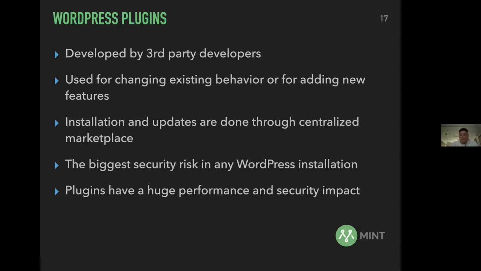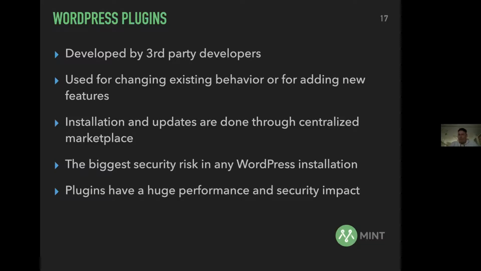And WordPress plugins are actually the biggest security risk in any WordPress installation, because they are bringing new pieces of code that are not a part of WordPress core, and because they are made by third-party developers. They're not having just a huge security impact; they also have a huge performance impact.